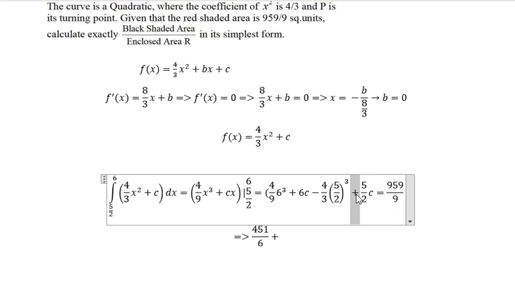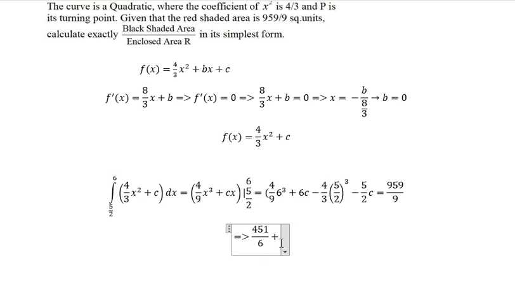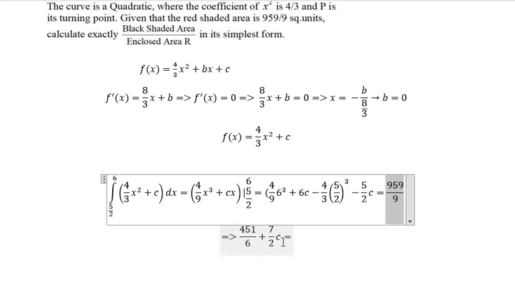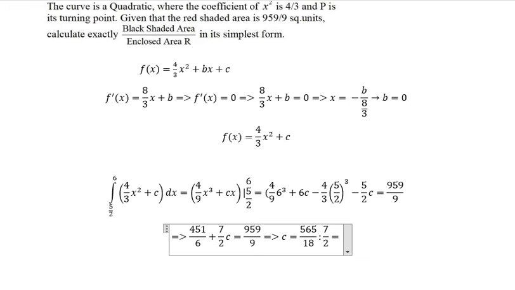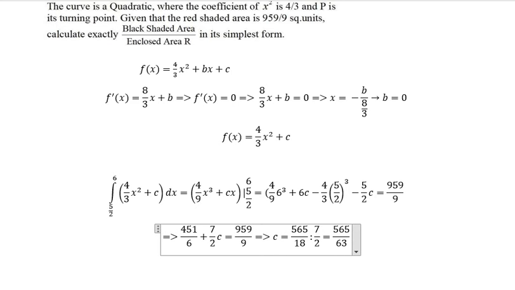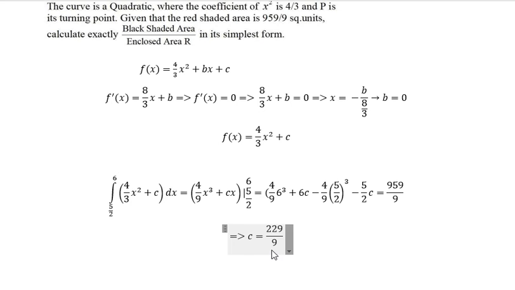This is minus here. We calculate that c is about 229 over 9.